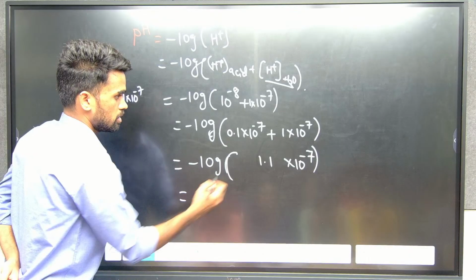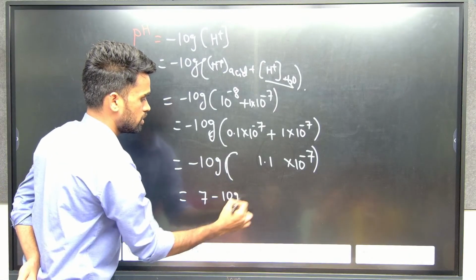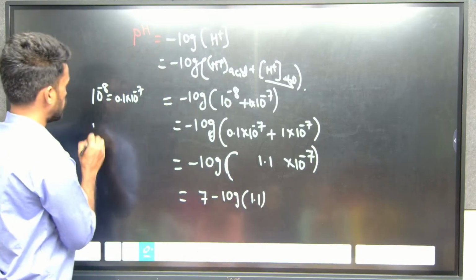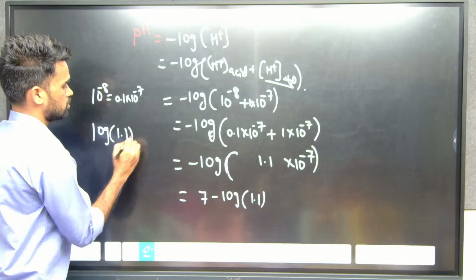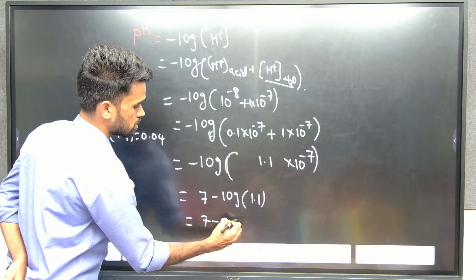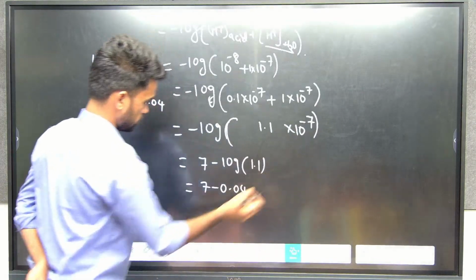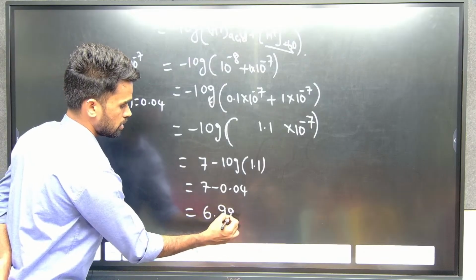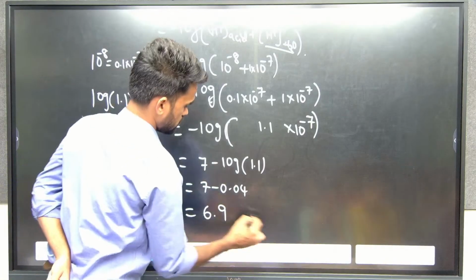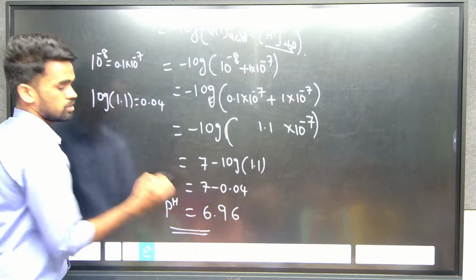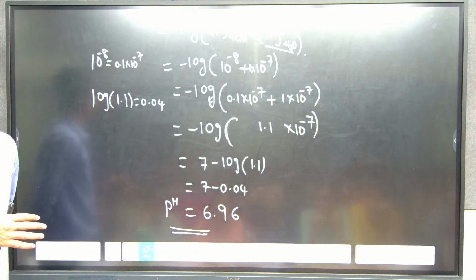This comes out as 7 minus log 1.1. So log 1.1 is 0.04. How much is it? 0.04. So 7 minus 0.04, how much? 6.996, that's all. So this is the pH. Is this clear to everyone? How to do it?